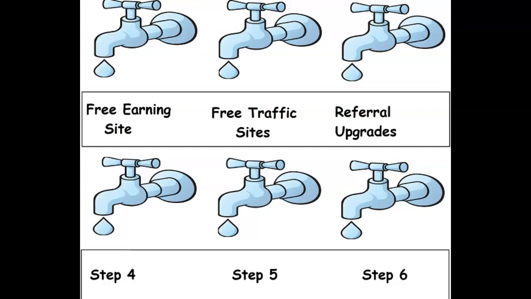And then once you have done the automated, using the paid traffic sites, then you can move on to step number 5 and step number 6. And those things are additional, they're going to give you additional skills. It's going to give you extra income streams from those extra steps, but it also teaches you more about marketing as well.